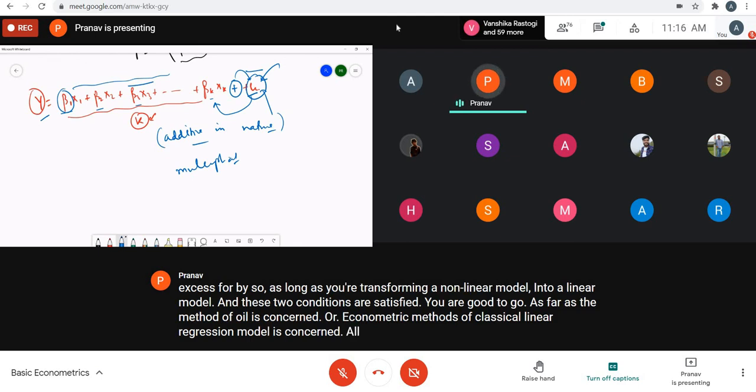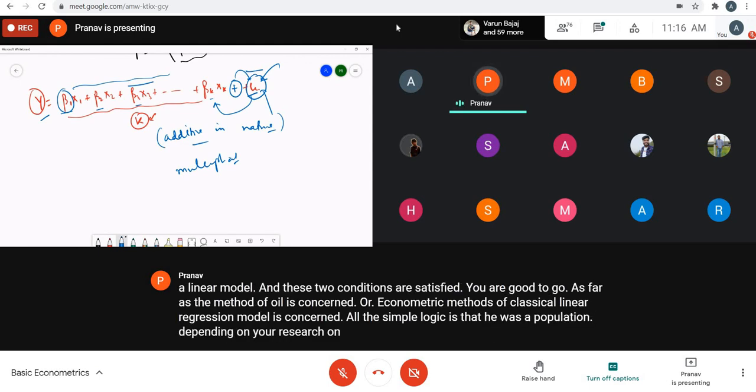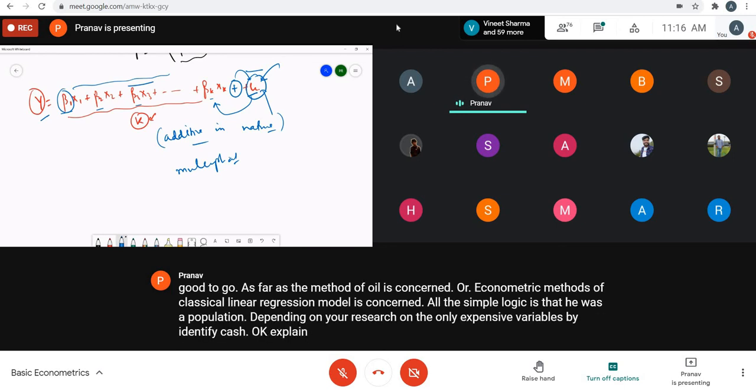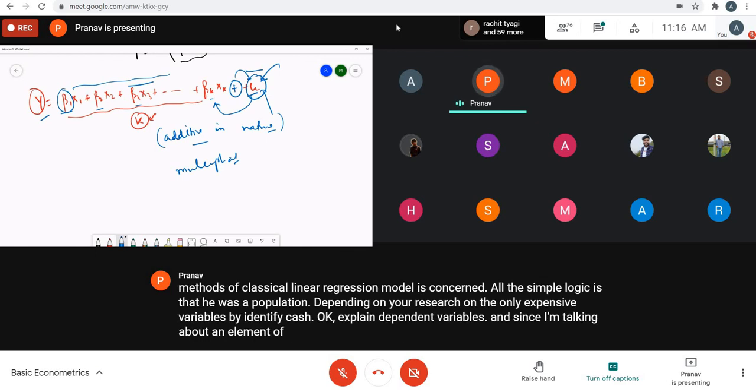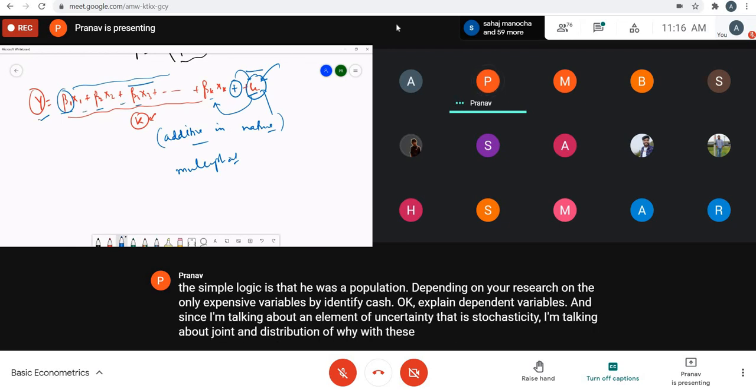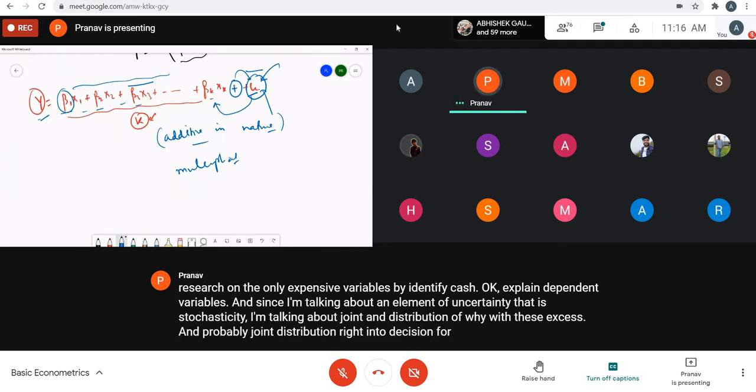It is a very simple logic: you have all this population, and depending on your research, you identify the explanatory variables that explain your dependent variable. And since I'm talking about an element of uncertainty, that is stochasticity, I'm talking about the joint distribution of y with these x's. I'm sure you have studied joint probability distribution, joint PDF, joint CDF, and so on.